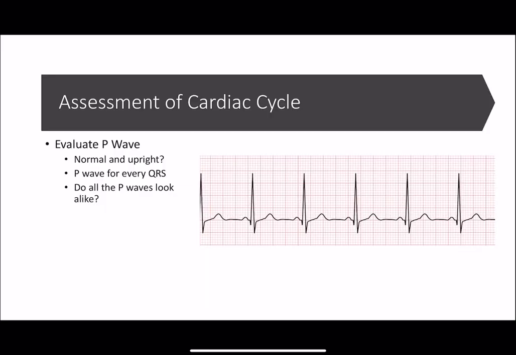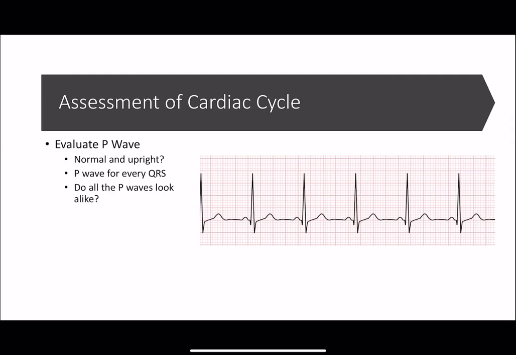So when we look at the presentation of the electrical activity, it's important to go through a few key steps. We start by looking at the P wave. Does it look normal? Is it in the positive direction? Is it upright? Do you have a P wave for every QRS?